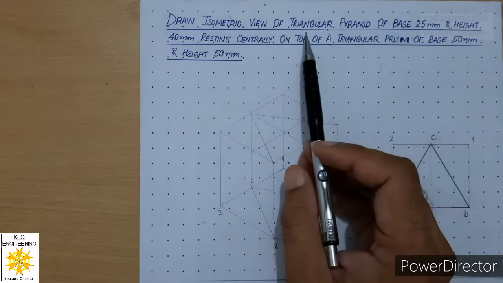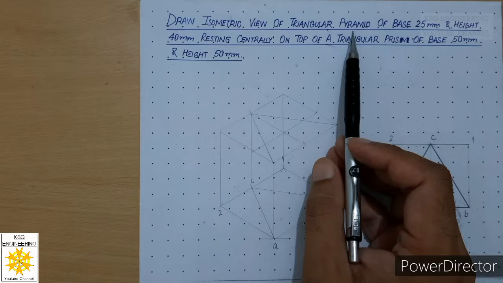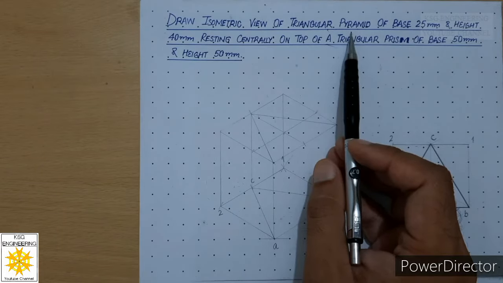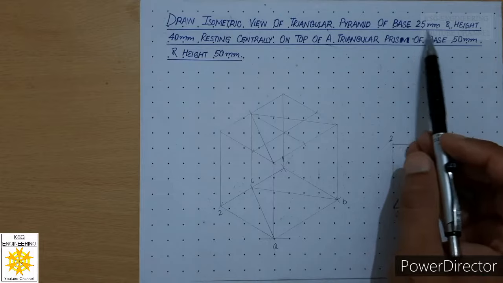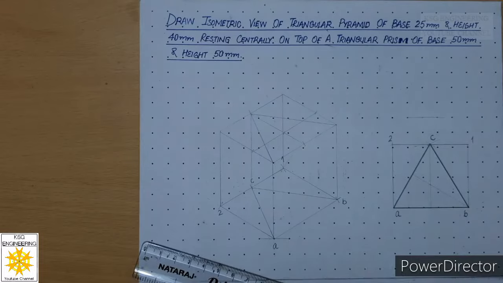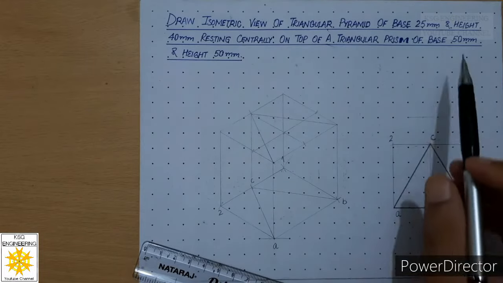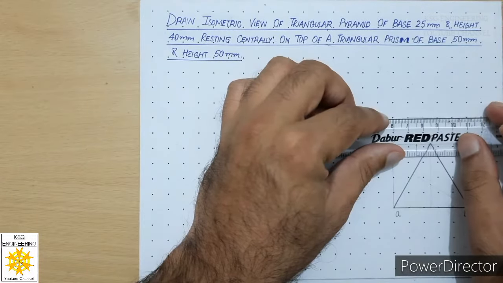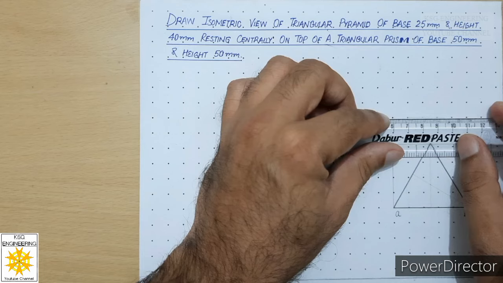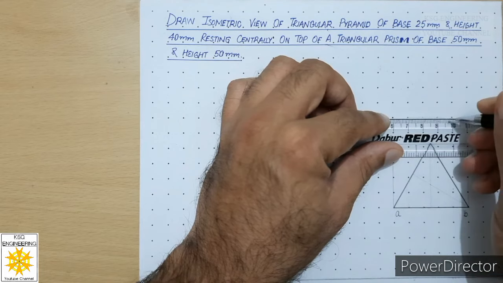So in order to draw isometric of this triangular pyramid, first of all we need to draw triangle of 25 mm, which is the base of this pyramid. So let us draw triangle of 25 mm. So for that we have to draw a thick horizontal line of 25 mm first.